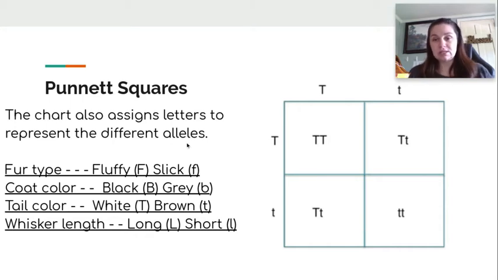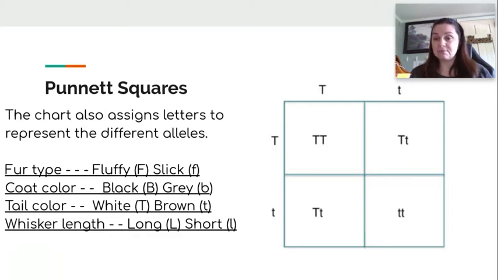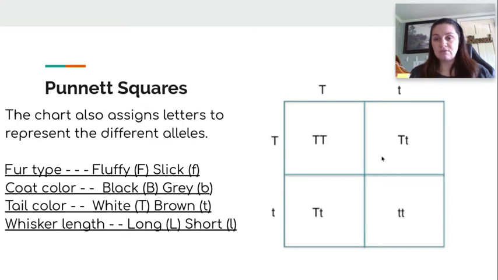When we look at this, we can tell that there is a 25% chance that the offspring is homozygous dominant. That means it is definitely going to have a white tail. There is a 25% chance that the offspring will be homozygous recessive. That means it's going to have a brown tail. And then there's a 50% chance that it will be heterozygous, because these are two heterozygous parents.